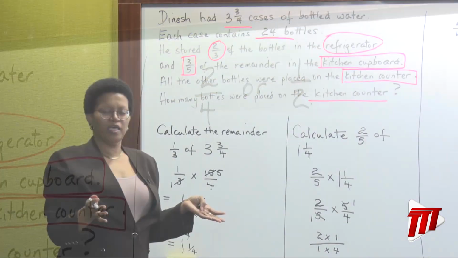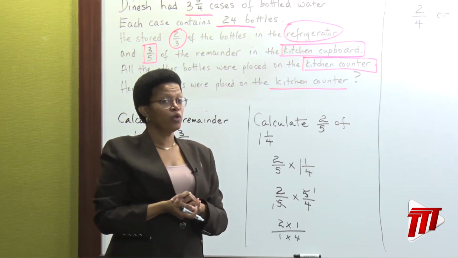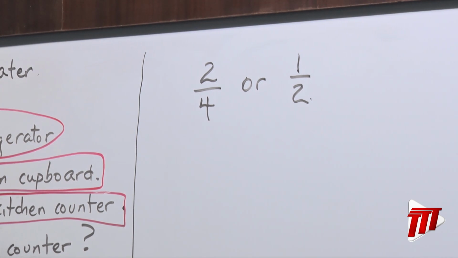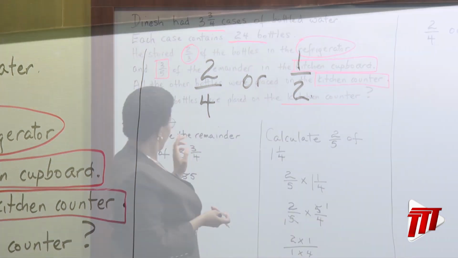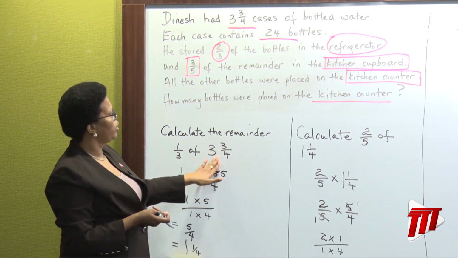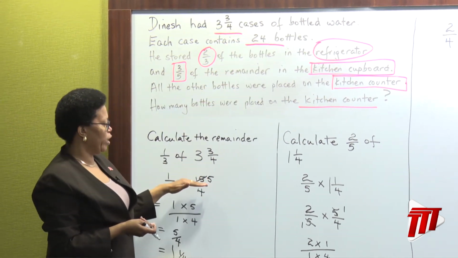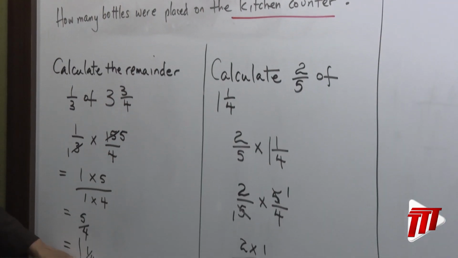Boys and girls, it is so important that we pay attention to our units. What are we talking about? 1/2 of the cases or 1/2 of the bottles? We are looking at 3 3/4. 3 3/4 qualifies the cases. We are talking about the cases. 1 1/4 cases.